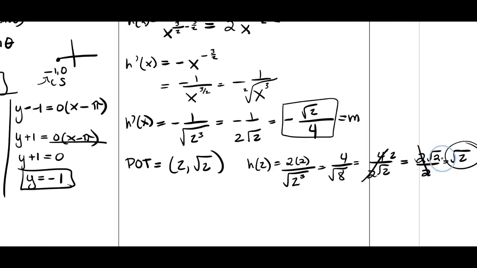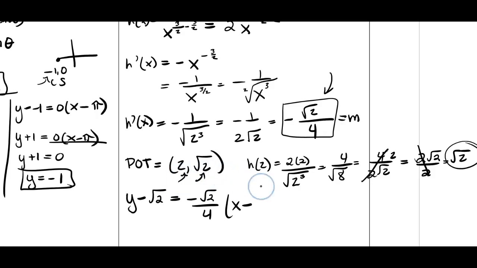Now I can find the equation of my tangent line, y minus y1 equals m, negative radical 2 over 4 times x minus x1.